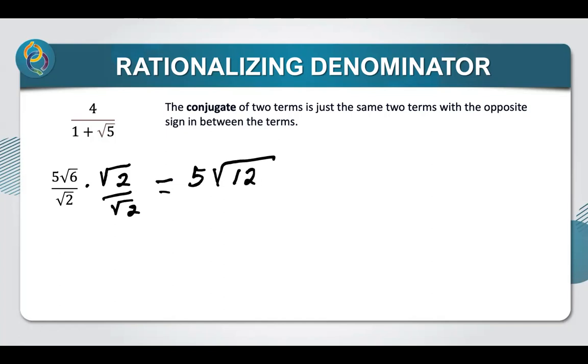Yes, good. And what will be at the bottom? Square root of 2 times square root of 2 is 2. Now, you did this in your assignment, some of you have submitted, the others will submit a little later. How do we simplify more, square root of 12?